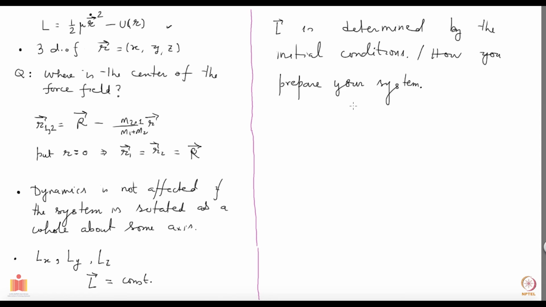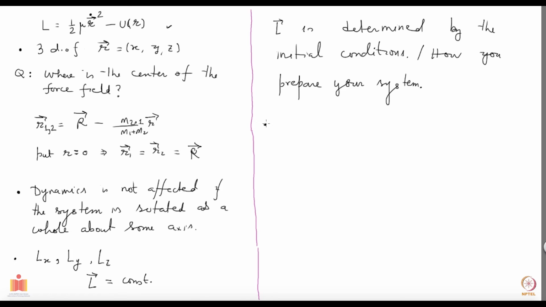I'll give you a simple example to understand this. Let's look at the two body problem. Think of both the particles M1 and M2 being there in front of you. Let's say particle number M1 is located at some place, and you take particle number 2, which interacts with particle number 1 via a central force, meaning the forces depend only on the separation.